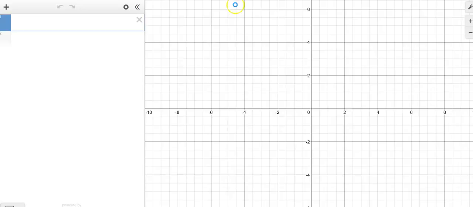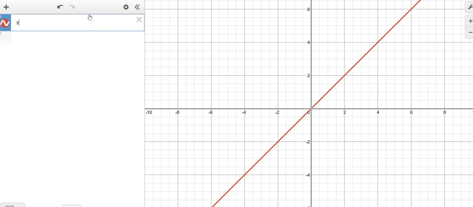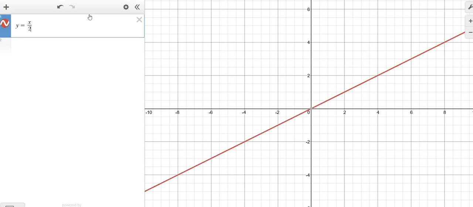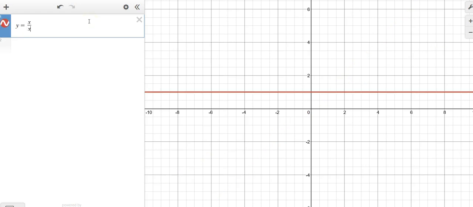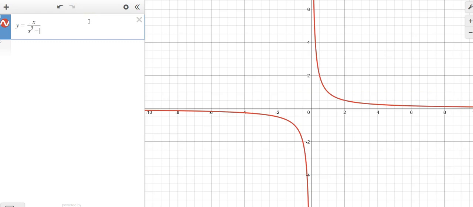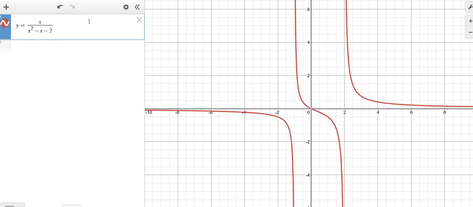I wonder what the graph of this thing looks like. Got to have the variable x, squared minus x minus 2. Did I do that right?